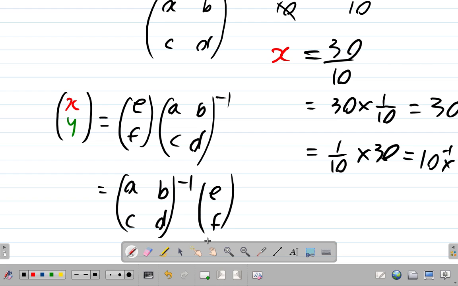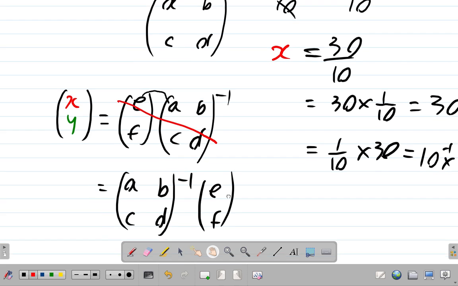You see that? So after that, you multiply out the matrices. This one at the top here cannot be multiplied because you say E times A, you need something times C. So you cannot multiply the 2 by 1 matrix to the left and the 2 by 2 matrix to the right.